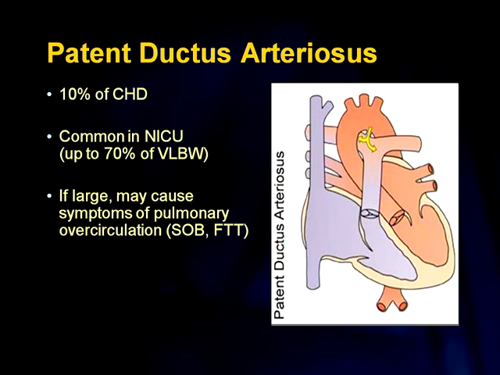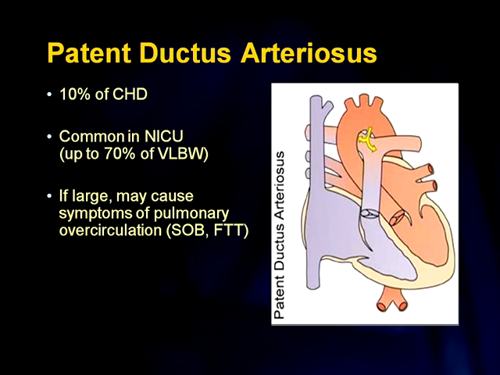That's what we do. PDA, all of you have seen PDAs and been annoyed by them in the nursery. It's very common. 10% of congenital heart disease, common in the newborn nursery, very common. We get called up to the nursery. Is there a PDA? We do an echo. No PDA. You want to wait 10 minutes? Guess what? PDA. Ha ha. Okay.